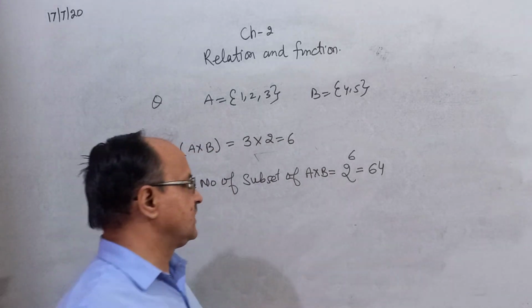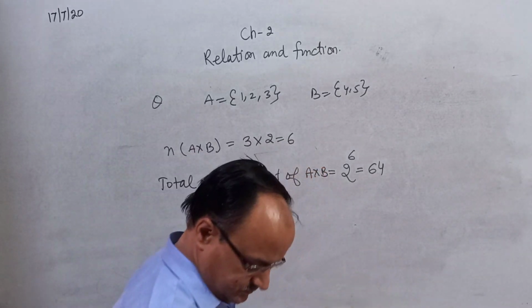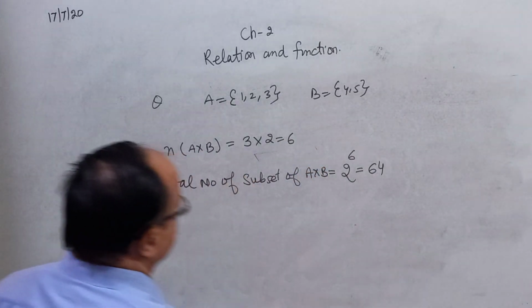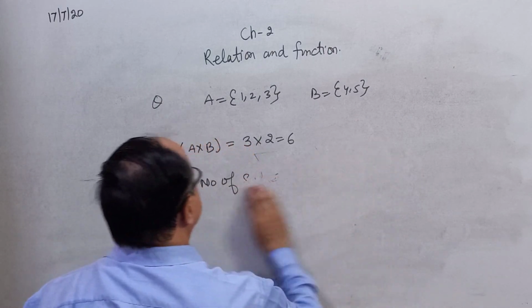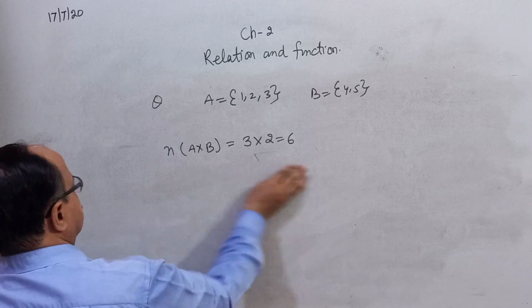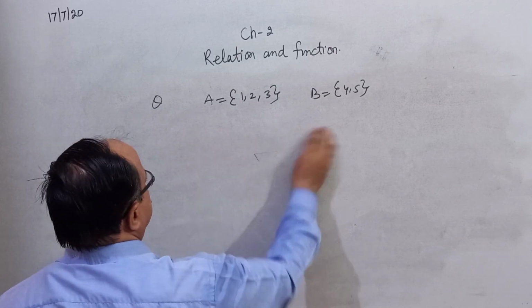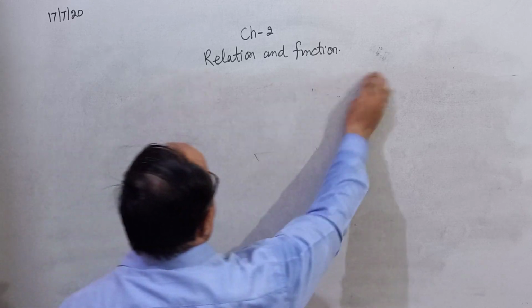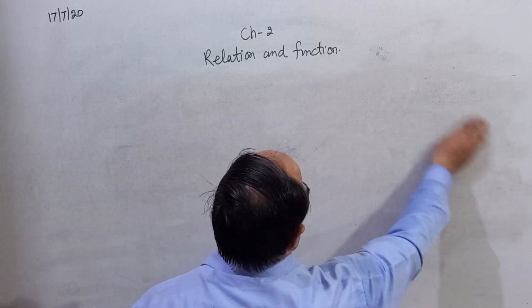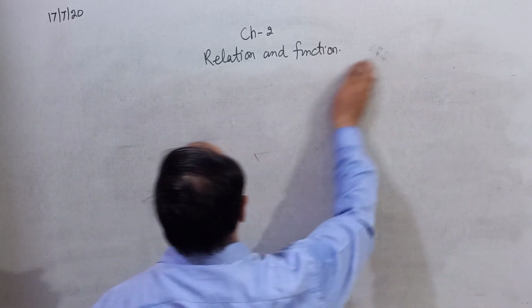Right? In 64, one is the empty relation, phi. Phi means containing no element. That is called the empty relation.